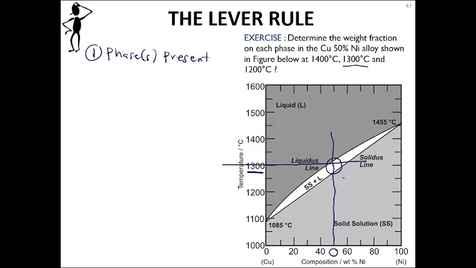When we draw a straight line from 1300 and 50 weight percent of nickel, the intersection occurs over here. At the intersection, we can see the phases present are solid and liquid. So we write the phases present as solid solution plus liquid.